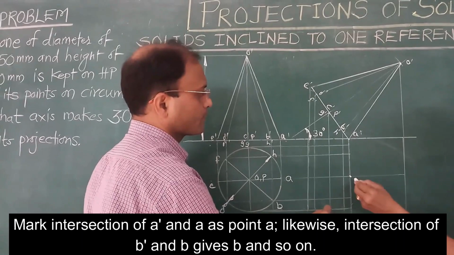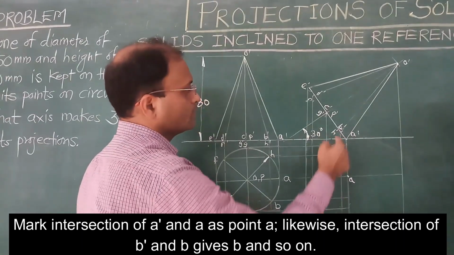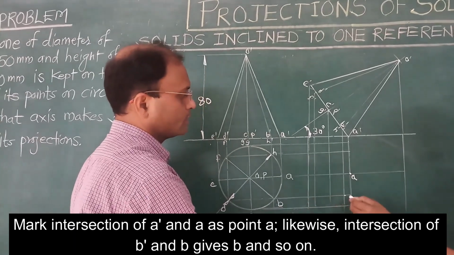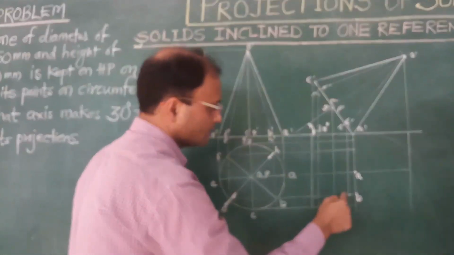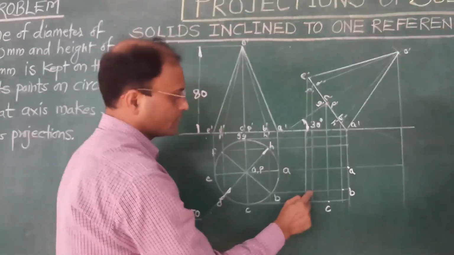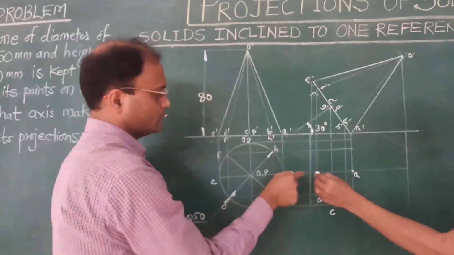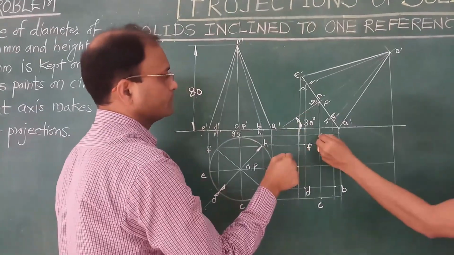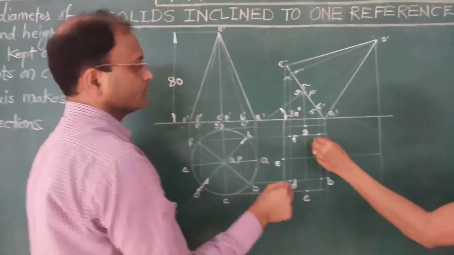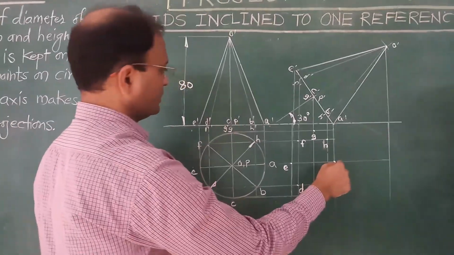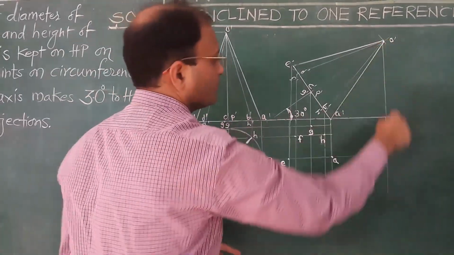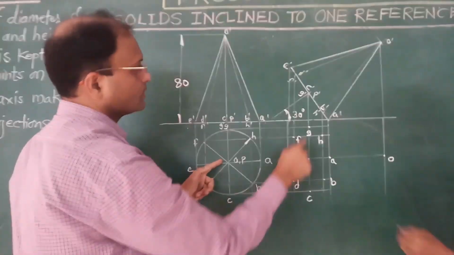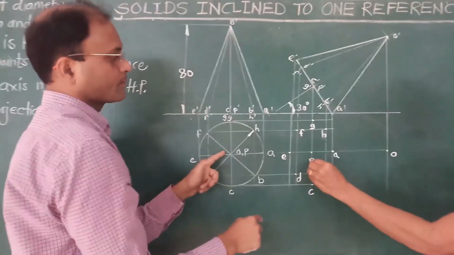So this is point A. Likewise, projector from B dash and projector from B, here you get point B. So this way if you go on tracing, and now here you get apex, intersection of O dash and O is point O, and intersection of P dash and P is point P.